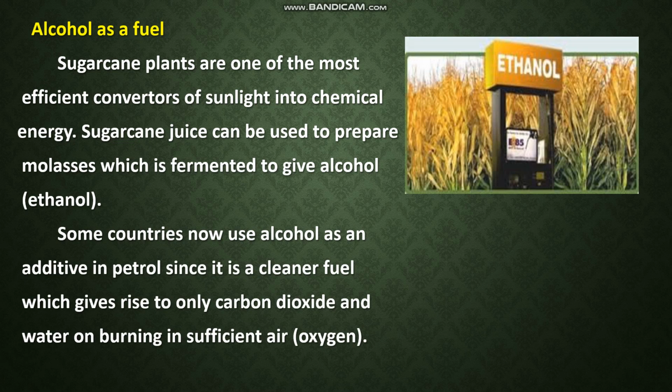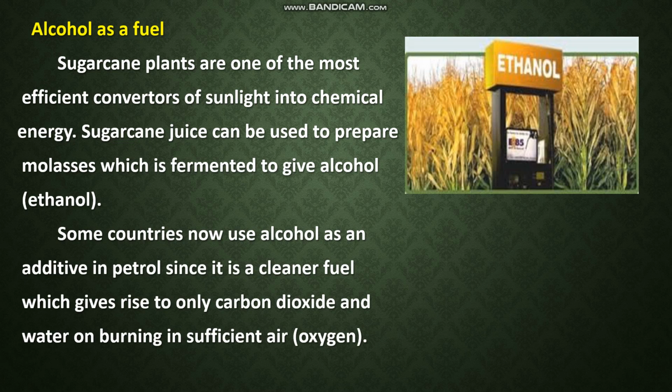Now, some countries use alcohol as an additive in petrol, since it is a cleaner fuel which gives rise to only carbon dioxide and water on burning in sufficient air. We know that when coal or petroleum is burnt, it causes pollution. Already we have seen that coal or petroleum has some nitrogen or sulfur content present in it.